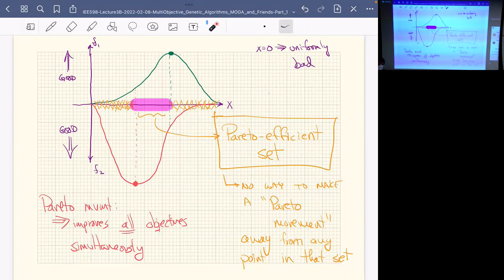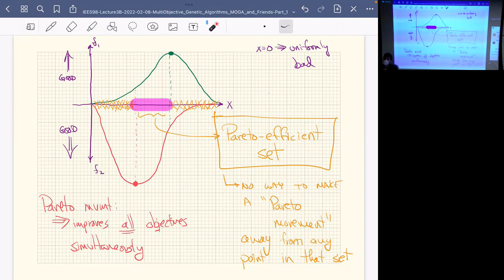Yes, absolutely. So there's the question of whether the Pareto efficient set exists, and how big it is, and so on. There will always be a point in the Pareto efficient set.